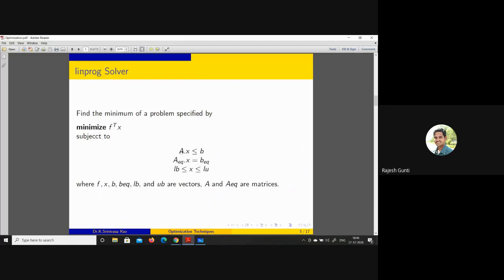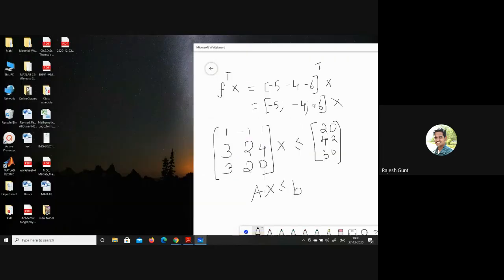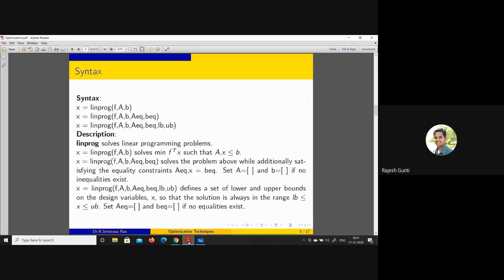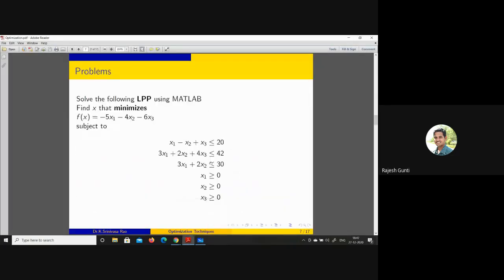This is the meaning of this one. Suppose if it has any greater than or equal to, we convert it to less than or equal to by multiplying by minus. Suppose it is greater than or equal to 30, that is minus 3x1 minus 2x2 less than or equal to minus 30. Like that we will take.